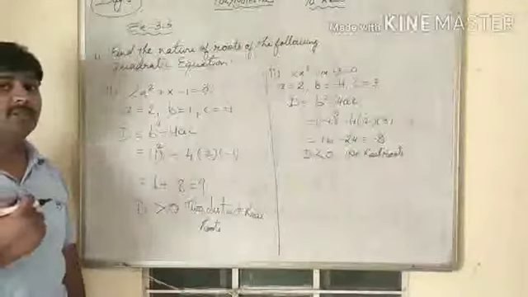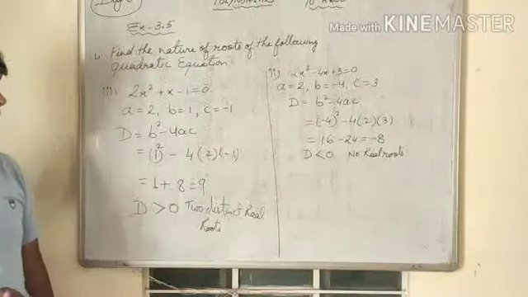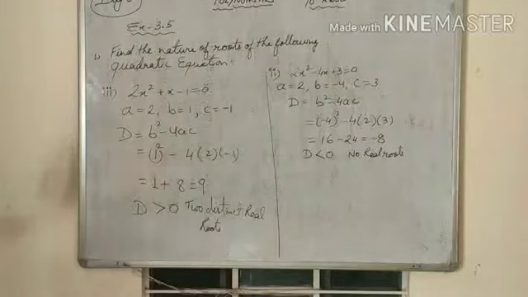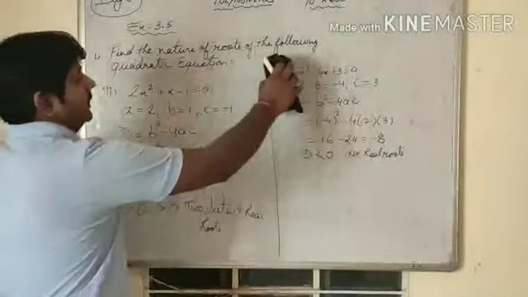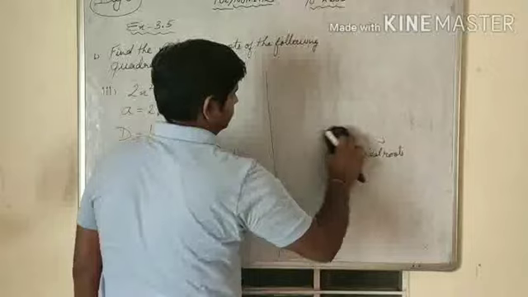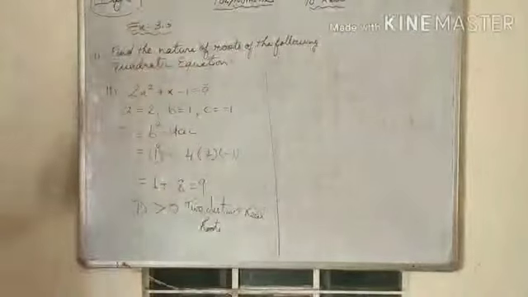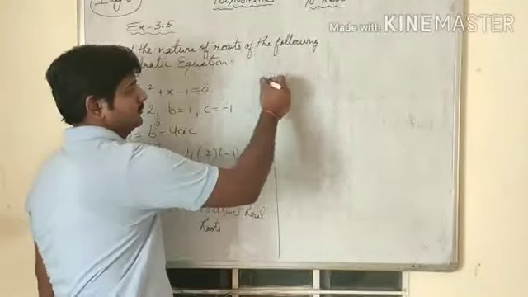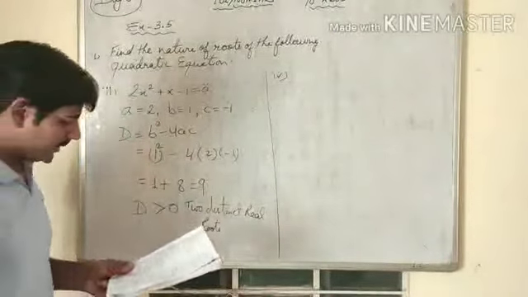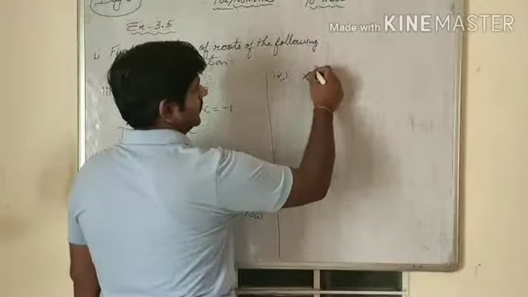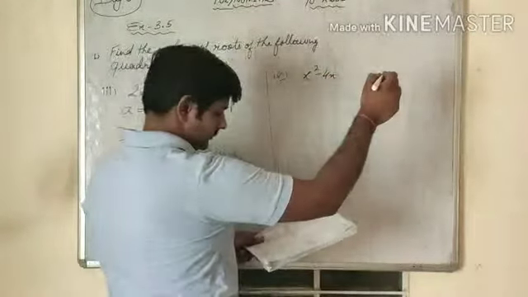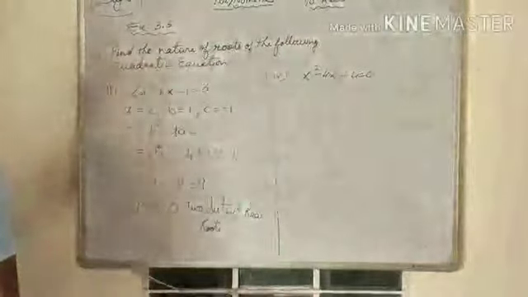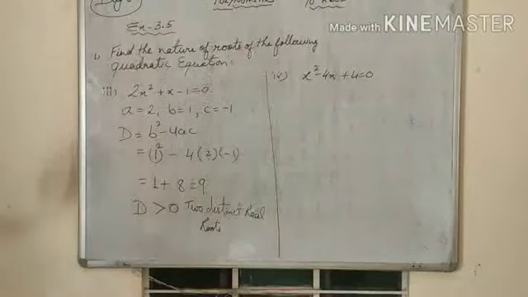Do it fast, then we will continue with the fourth part: x square minus 4x plus 4 equals 0. Again the same process.